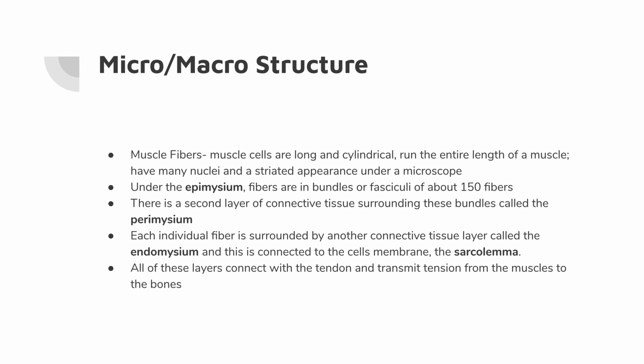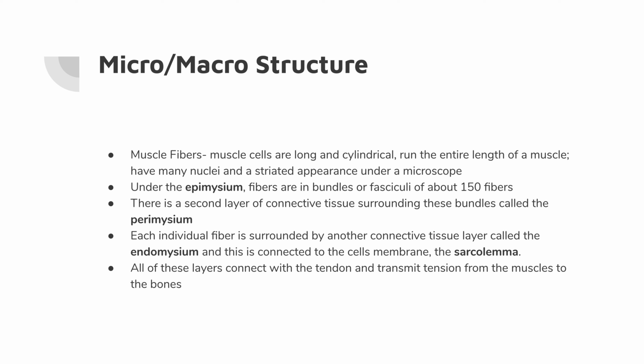So we talked about the epimysium being the top layer of our muscle as an organ, right? Well, underneath that initial layer of connective tissue, they start to branch out into smaller portions of muscle. So under the epimysium, we have bundles of fibers, right? Another name for them is fasciculi.